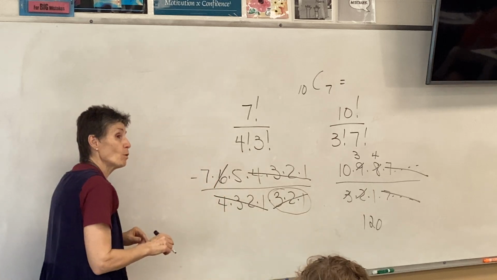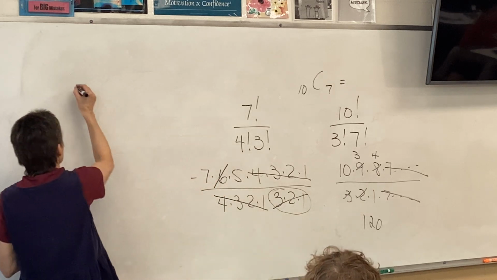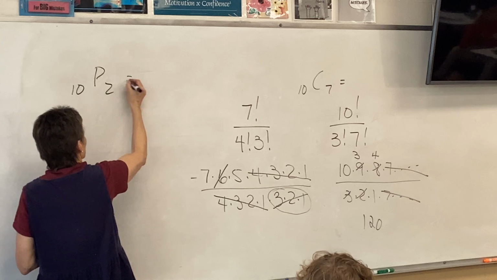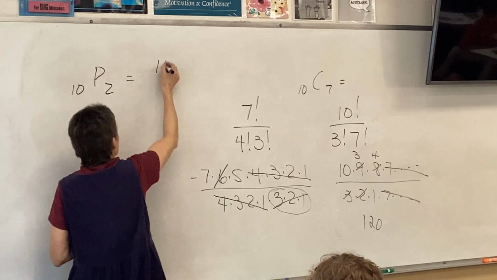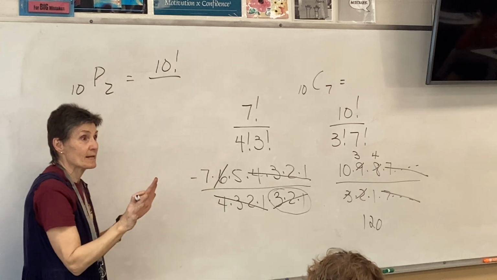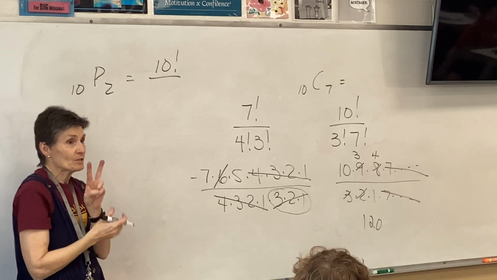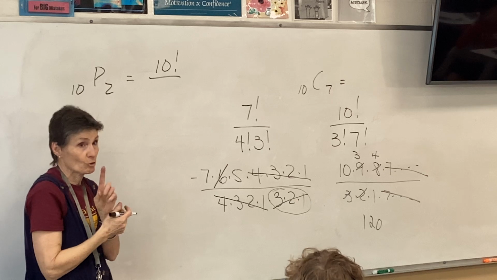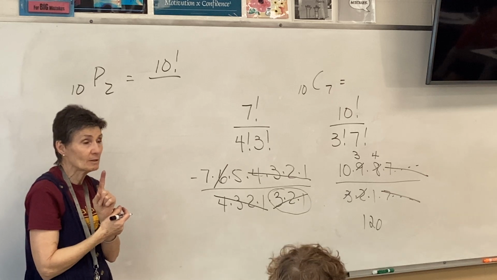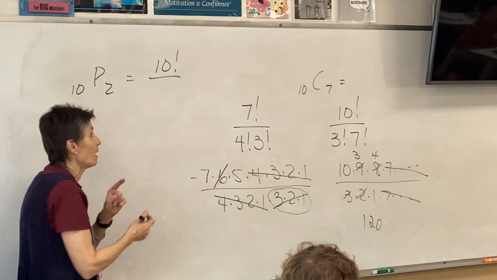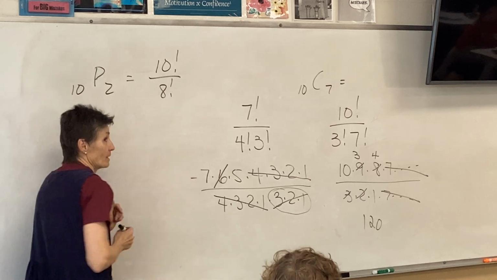Now, the formula for 10P2 is 10 factorial, so it starts the same way. But instead of having 2 things in the denominator, there's only 1 thing in the denominator, and the thing in the denominator is 8 factorial.